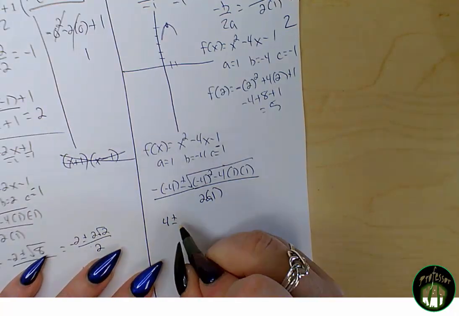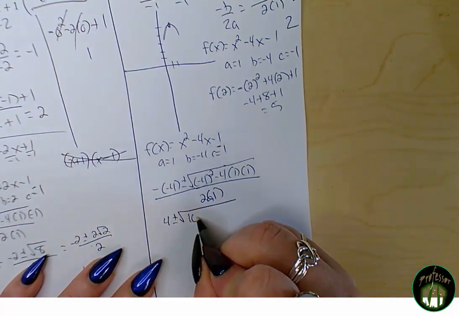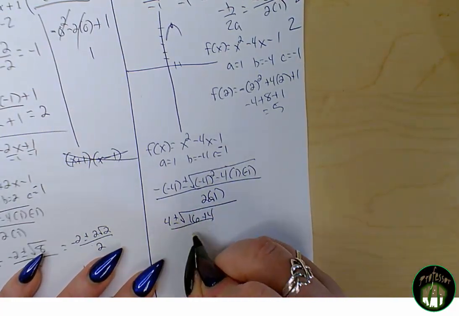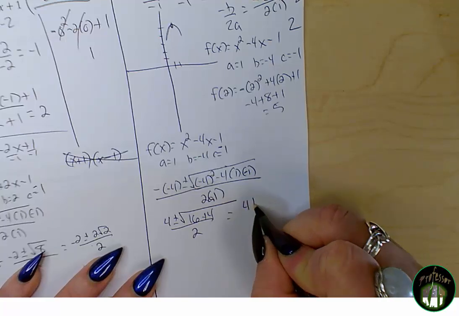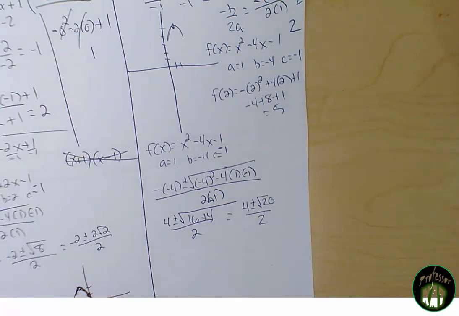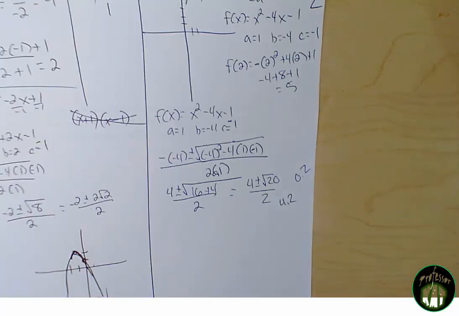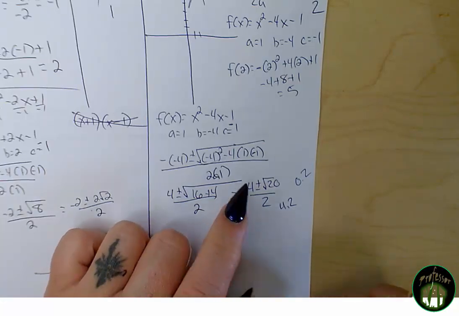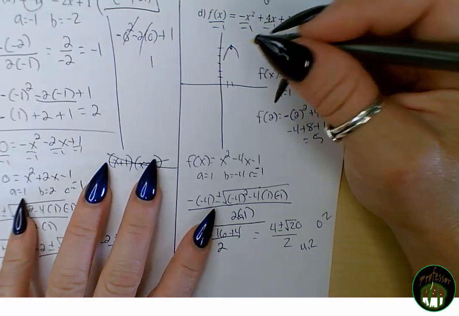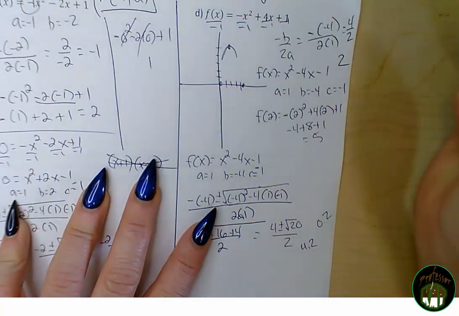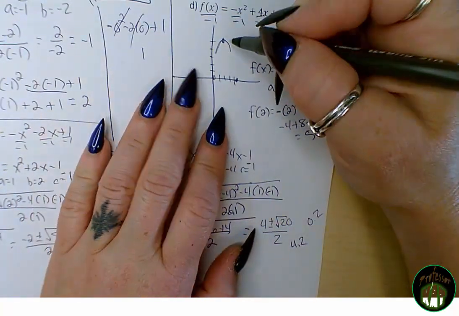So 4 plus or minus the square root of 16 plus 4 over 2, giving us 4 plus or minus the square root of 20 over 2. So when we throw that in the calculator, 4 plus the square root of 20 over 2, 4 minus the square root of 20 over 2, we get a 4.2 and about a 0.2 there as our x-intercepts.